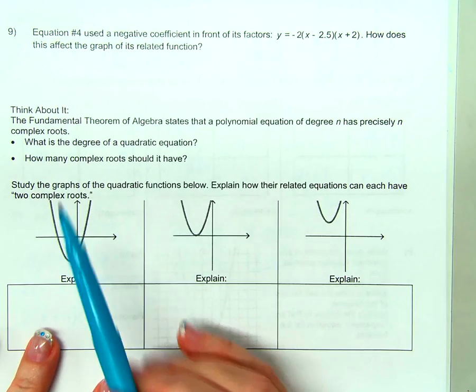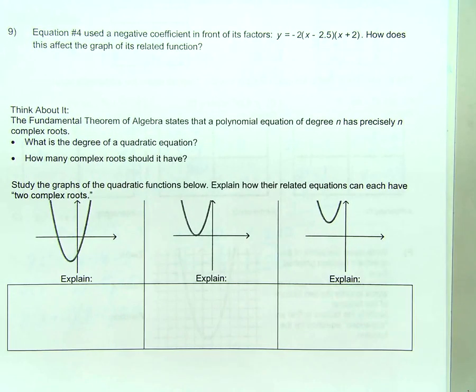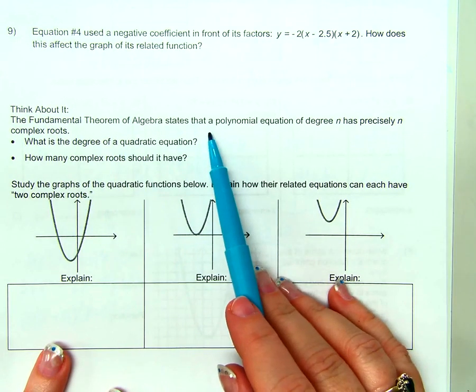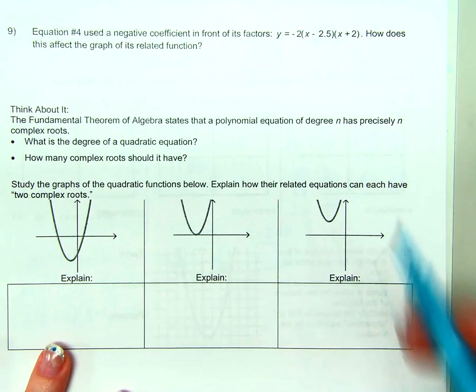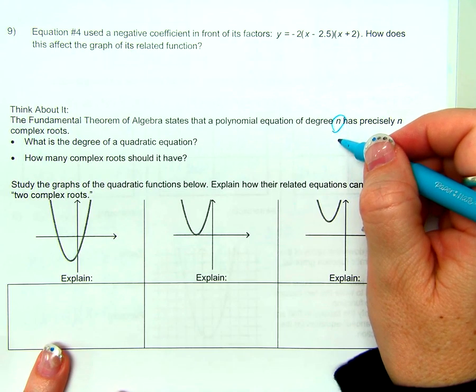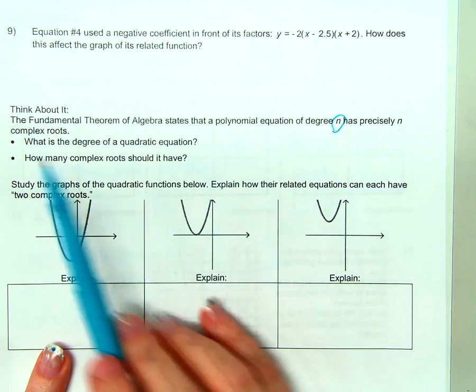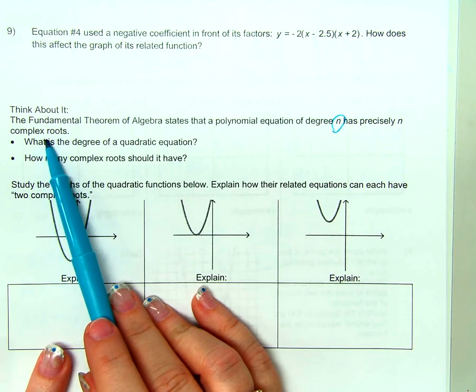The mathy name of it is the fundamental theorem of algebra. How important is a theorem called the fundamental theorem of algebra? It's pretty important. Okay? The fundamental theorem of algebra states that a polynomial equation of degree n, what's a degree? The highest exponent, good, has precisely n complex roots.